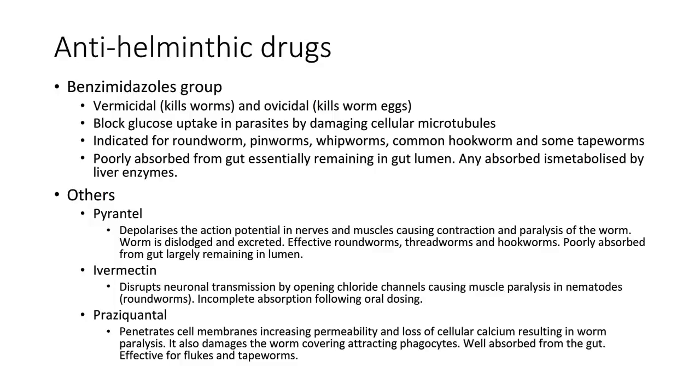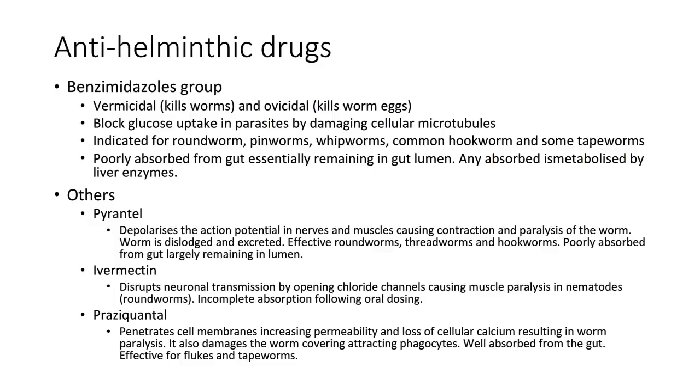If you've ever wormed a farm animal, you've probably seen ivermectin, and you've quite possibly used ivermectin on your pets and on your farm animals. Pyrantel's another one, and pyrantel actually works by depolarizing the action potential in nerves and muscles and causes the worm to be paralyzed, and that means it can be dislodged and excreted.